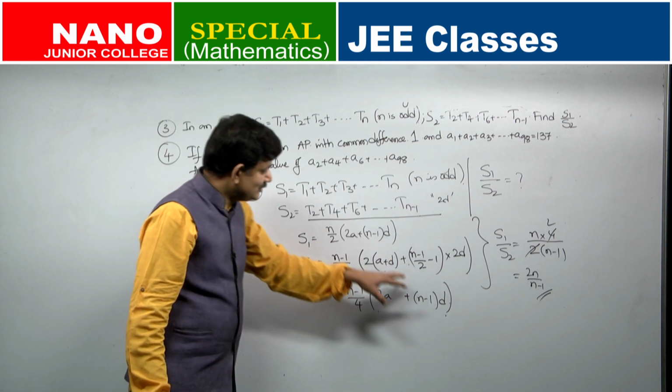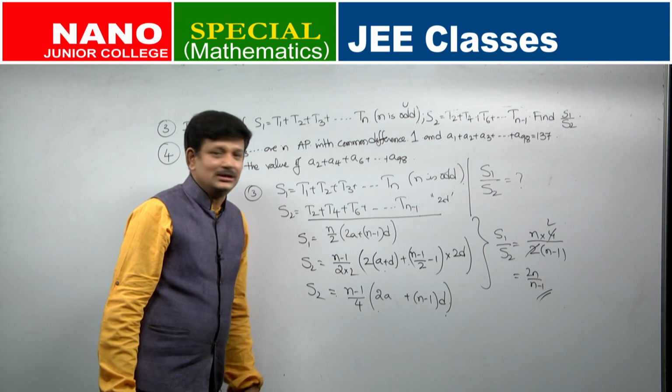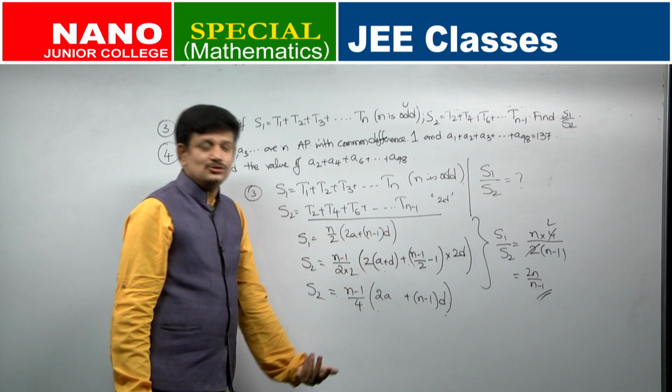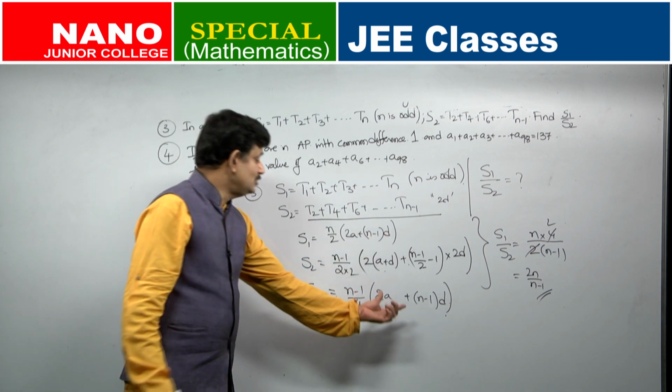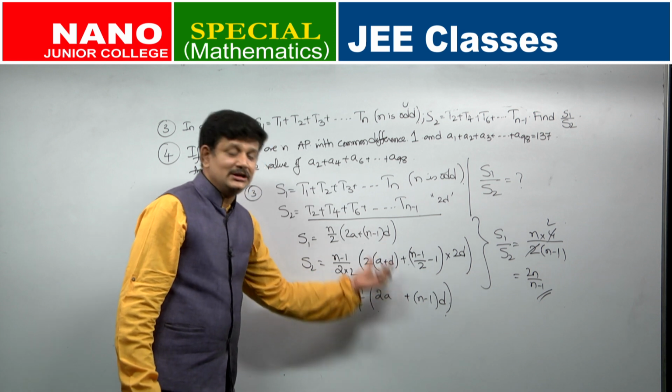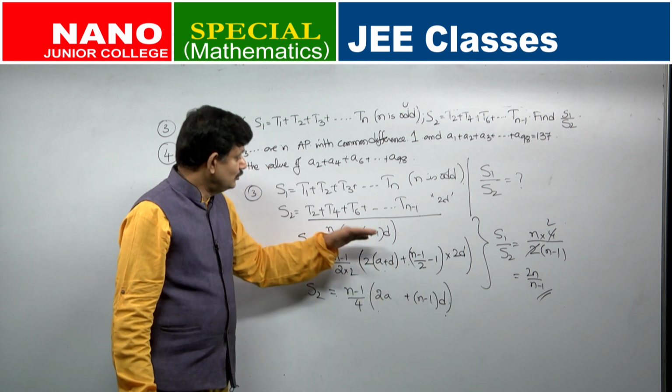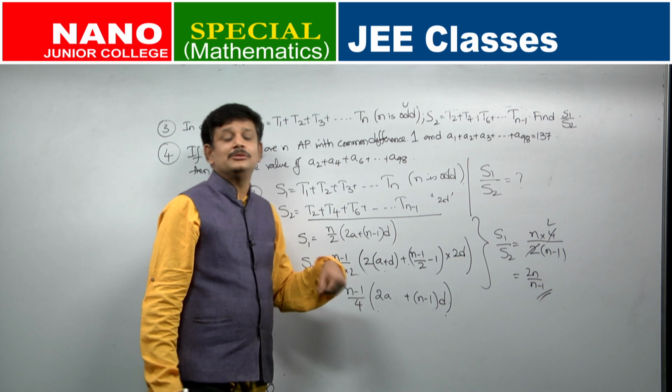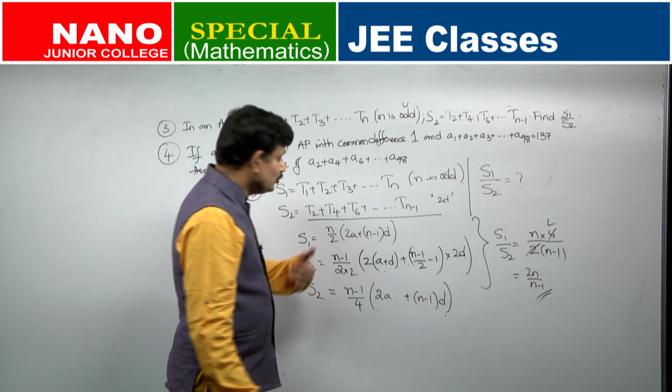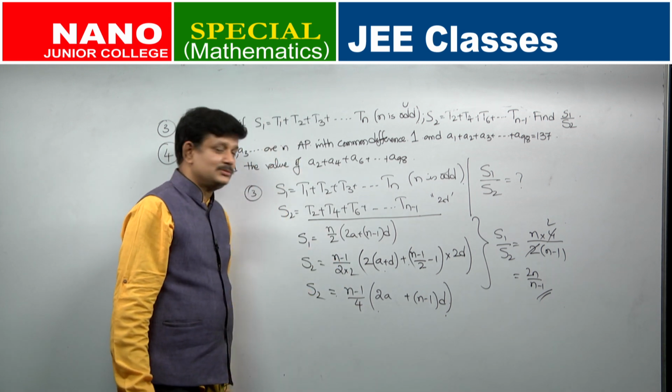So, this should get simplified to 2a plus n minus 1 into d. These two should get cancelled, there is no other go. So, this should either be this or 2 times of this or 3 times of this or 4 times of this. Slowly you will also understand the problem solving strategies. Your intuition will increase, your understanding of concepts will increase.